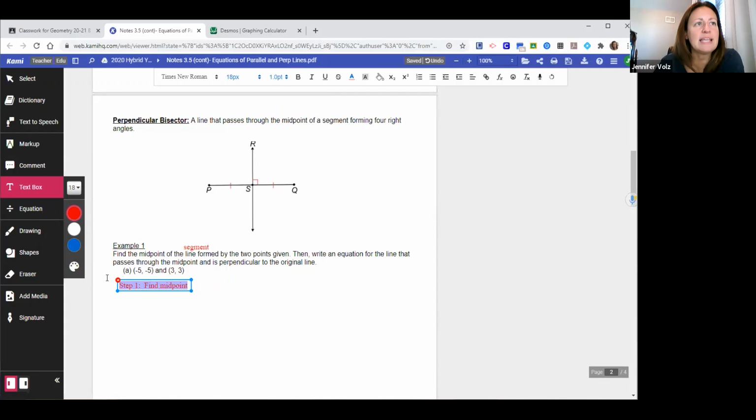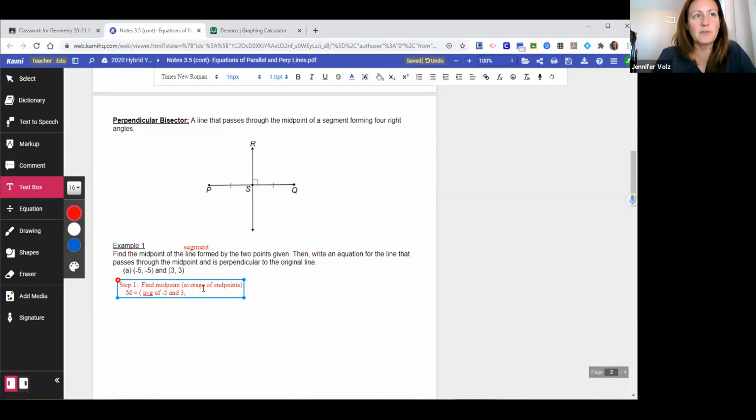Remember, the midpoint is the average of the endpoints of a segment. And it has a formula. This is really going to be a hard formula to show by text. If you're typing, at this point, I almost might want to just say, let's revert to writing it by hand. It's going to be much quicker. But anyway, the midpoint is the average of the endpoints. So let me just talk through this. We have to find the average of -5 and 3 for the x coordinate, because the x coordinates of those endpoints are -5 and 3.